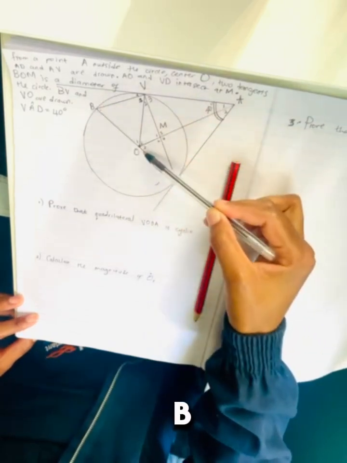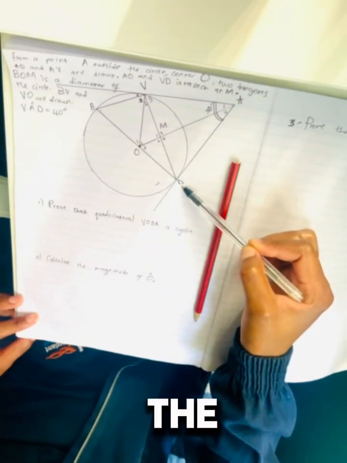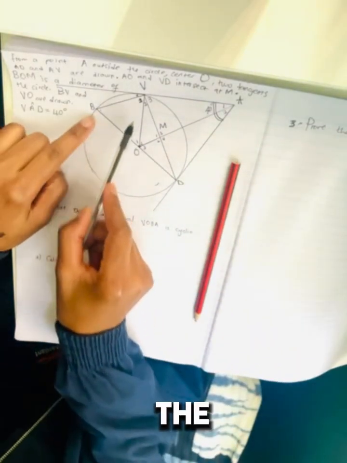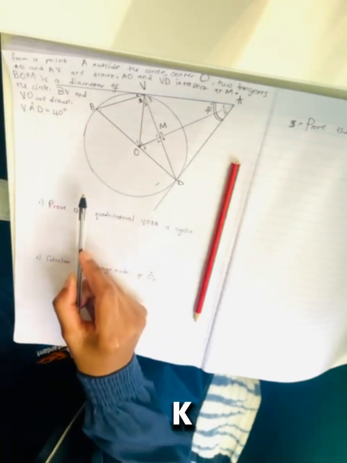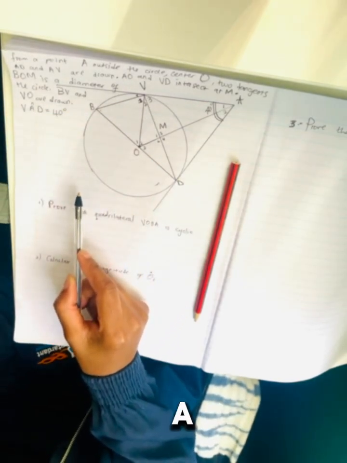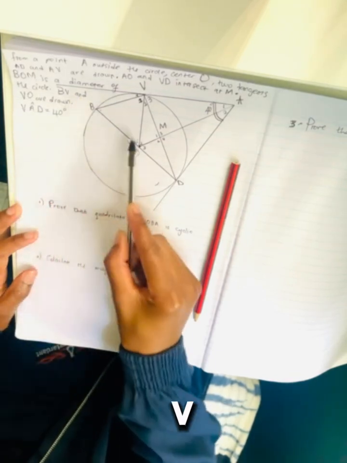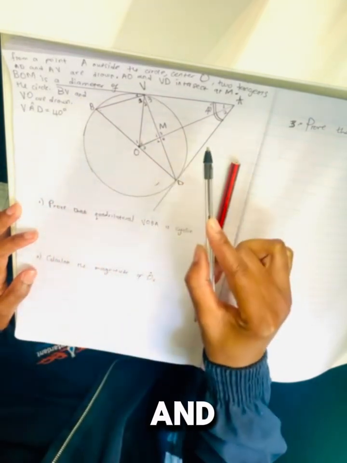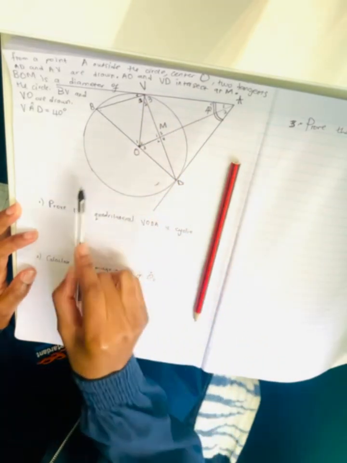BOD is the diameter of the circle, meaning that angle BVD is 90 degrees because it's an angle in a semicircle. BV and VO are drawn.